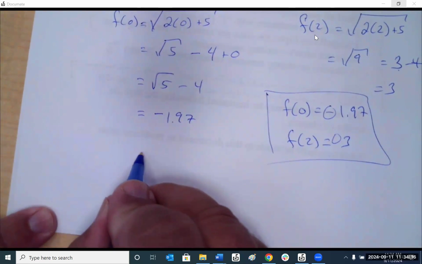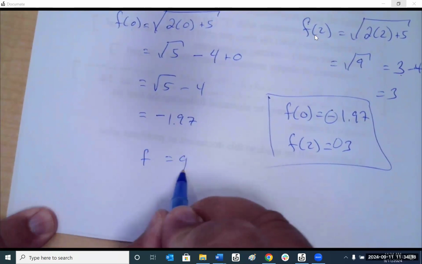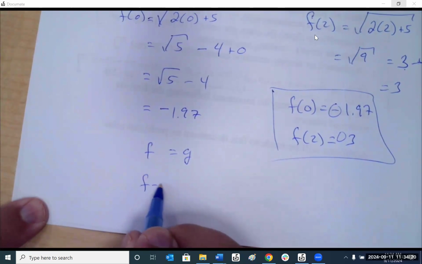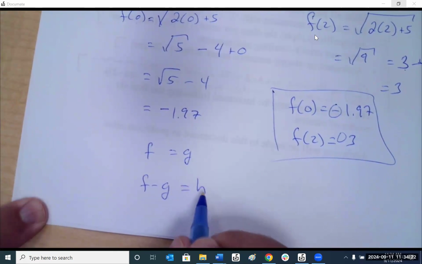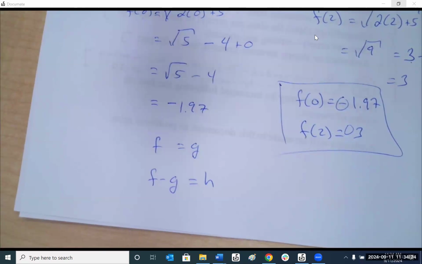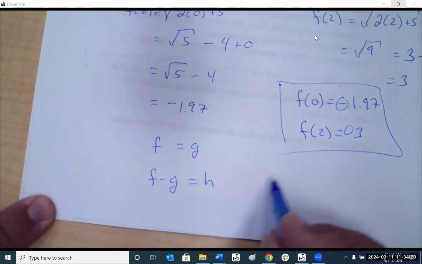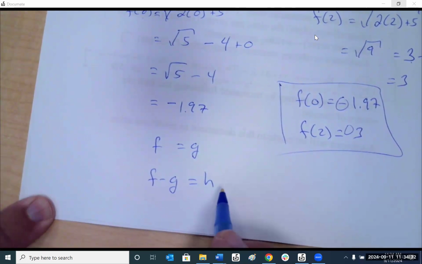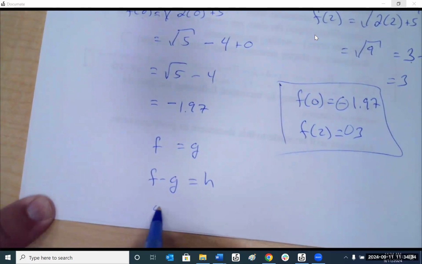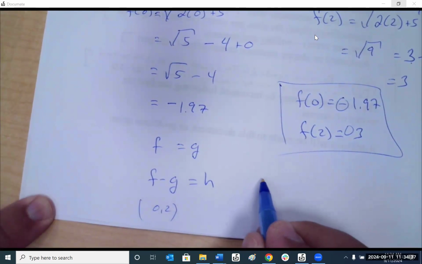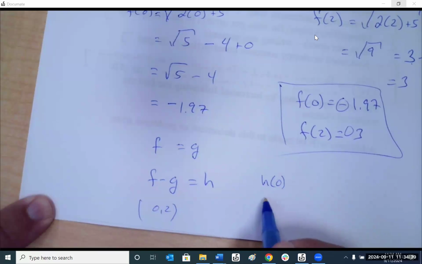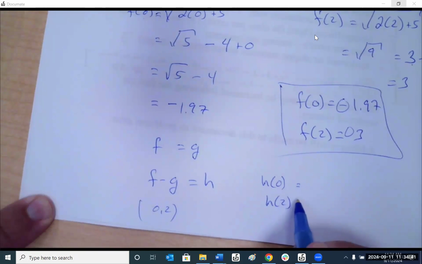Yeah, so this is basically what we did. We had F equals G. Then we made it equal to H. Then we found where they overlap, what parts of the domain they overlap, in the first quadrant, in the domain from 0 to 2. So then we went H of 0, H of 2.